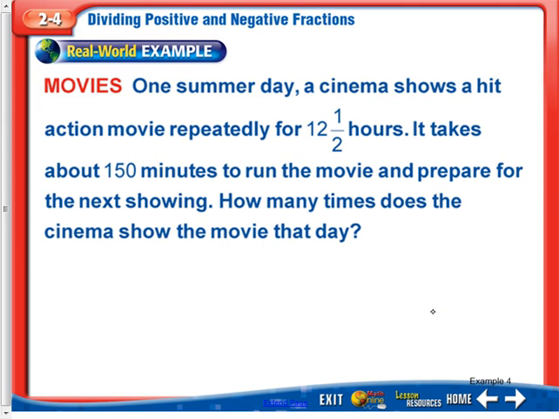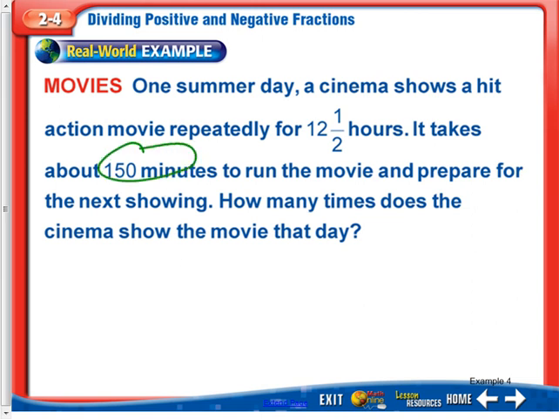One summer day, a cinema shows a hit action movie repeatedly for 12.5 hours. It takes about 150 minutes to run the movie and prepare for the next showing. How many times does the cinema show the movie that day? We have a total of 12.5 hours and 150 minutes to run the movie and prepare for the next showing.